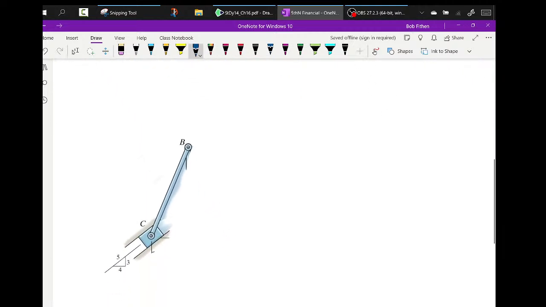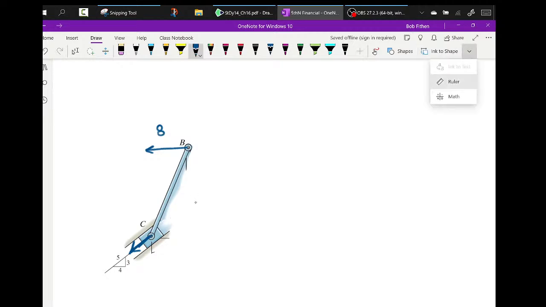Now, if I go down to this picture, it's as if this link no longer existed. I know this velocity is 8, and I know this velocity is something. I do not know what it is.